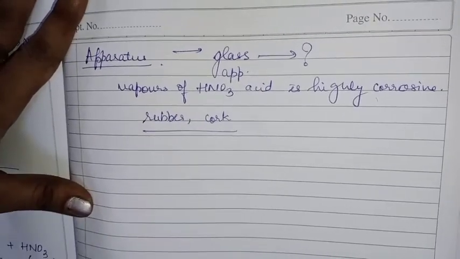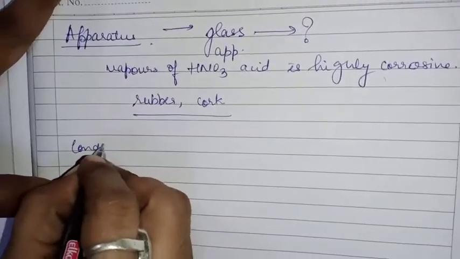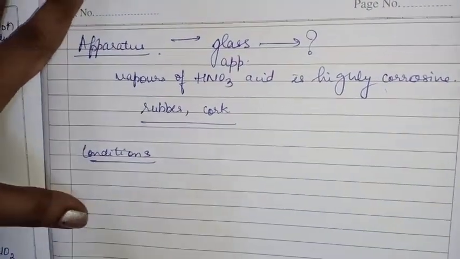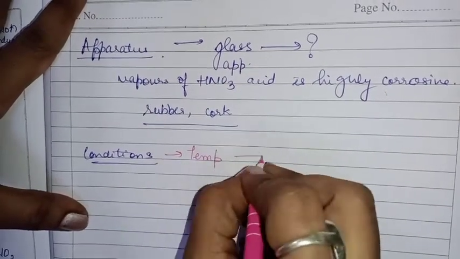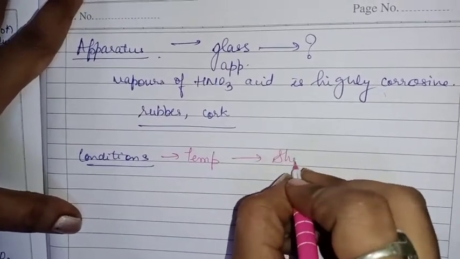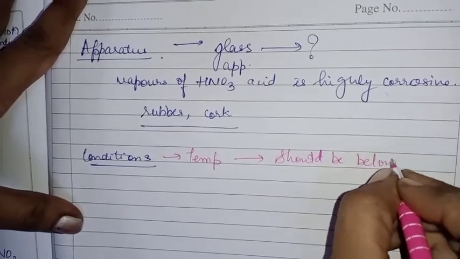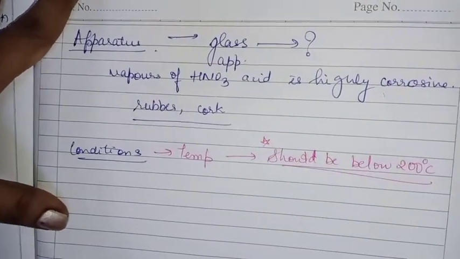Now the other thing is the conditions, the temperature conditions. We first discuss the temperature of the reaction, children. The temperature of the reaction should be below 200 degrees Celsius. This is compulsory, children.